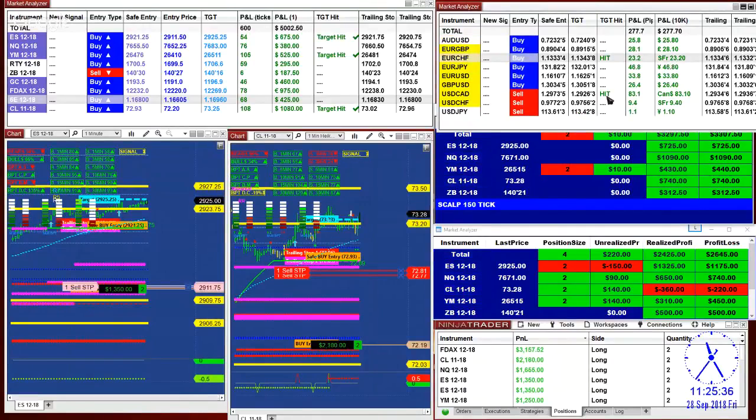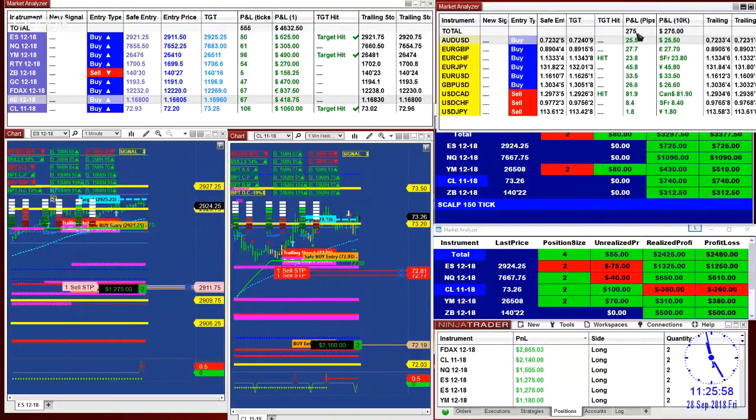On the forex it is based on 10,000, folks. You see here on the top it says 10K. So on the forex right now we have 278 pips based on a $10,000 account. 275 pips based on a $10,000 account.